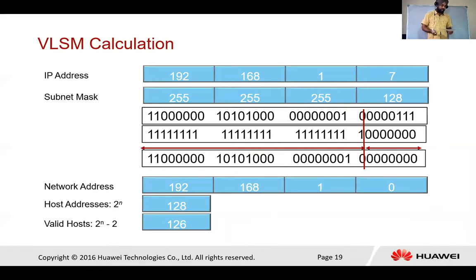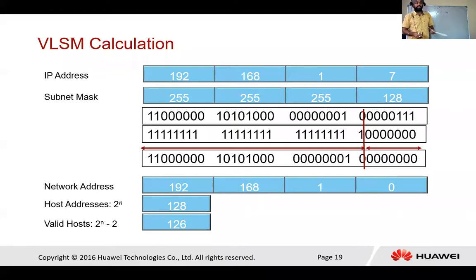In this case, we are taking the example of mask 128, as shown in the PPT. The subnet mask is 255.255.255.128. Here we use 128 as the subnet mask, which means we are not assigning the default subnet mask to this IP address.